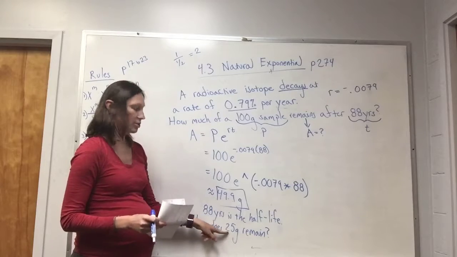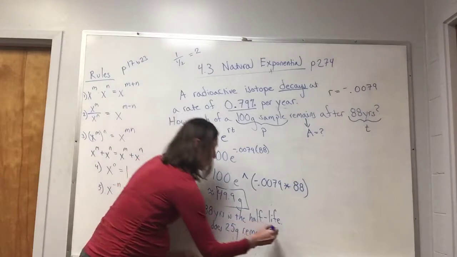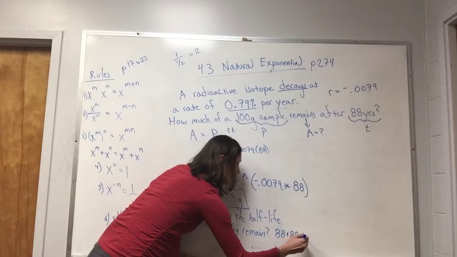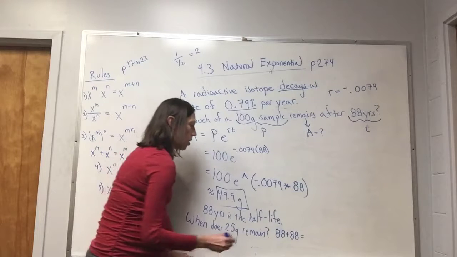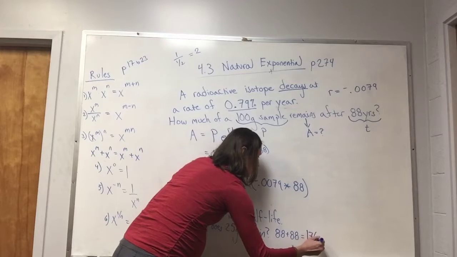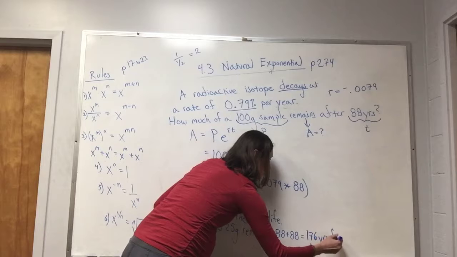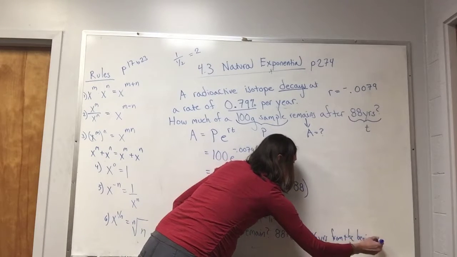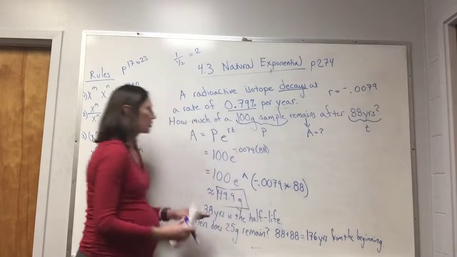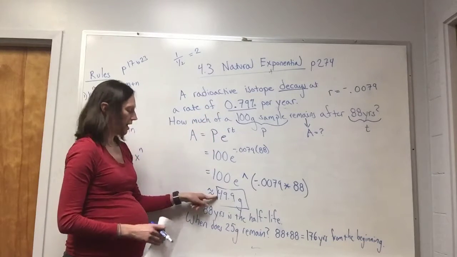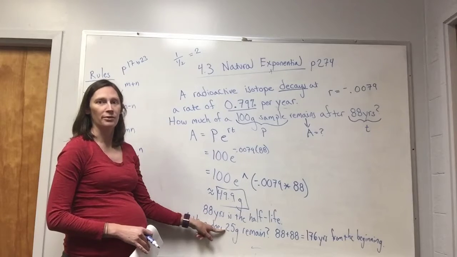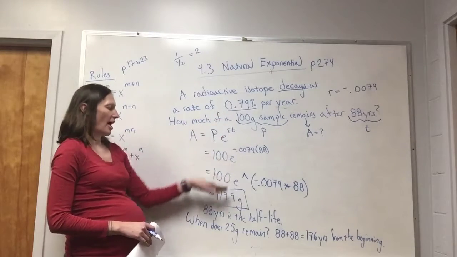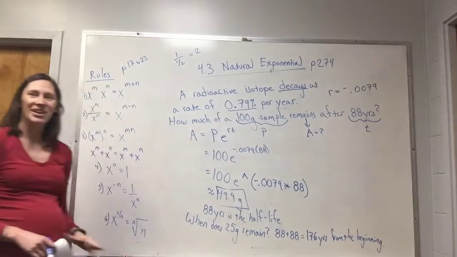Another 88 years would take us down to 25 grams. So 88 plus 88 is equal to 176. So 176 years from the beginning. So 88 years to get down to 50, and then another 88 to get down to the 25. That's nice about half-life. You don't have to do a lot of algebra as long as all your numbers are halves of each other. Okay, all right, good luck.